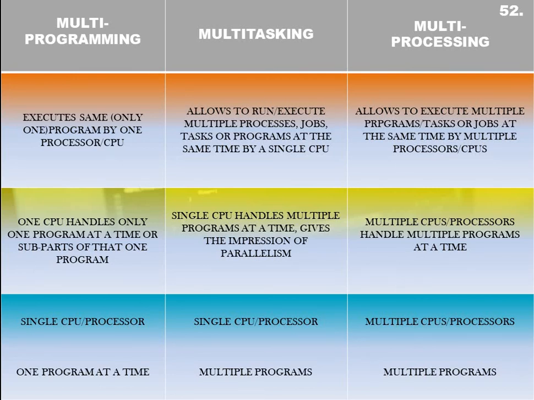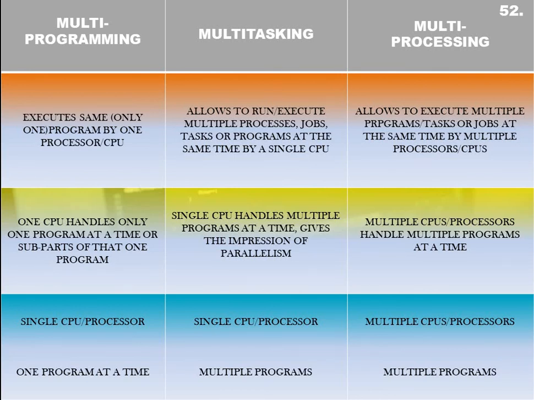As you can see in the last row, this is the end point, that in multiprogramming, one single CPU or processor is busy with the subtasks of one program only at a time. When it is done with the subtasks of that one program, then it will move towards another program.